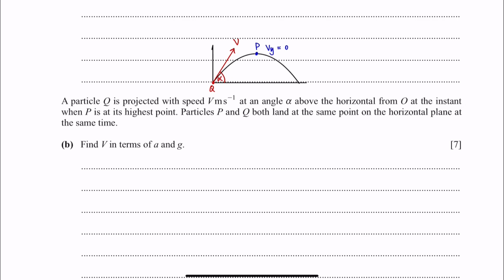So we need to find v in terms of a and g. Since it states that they both land at the same point at the same time, we can now find the time for P to travel to the top.